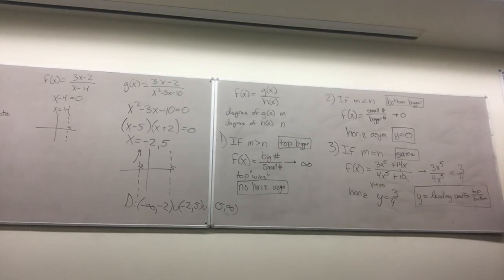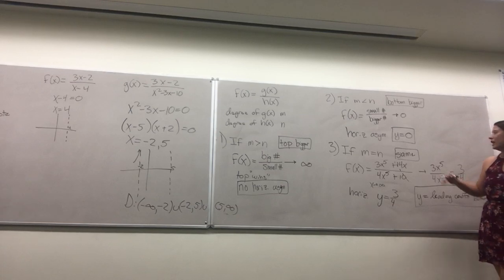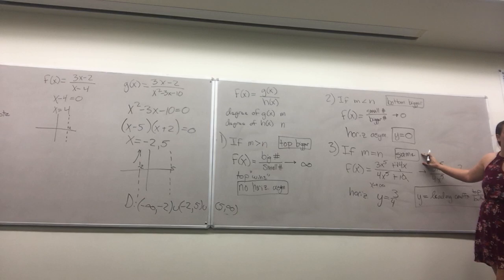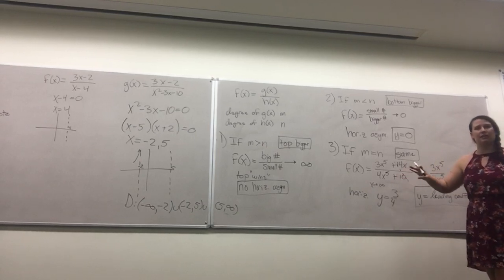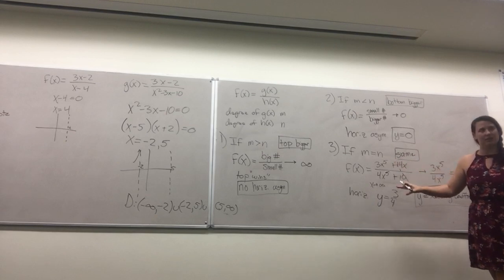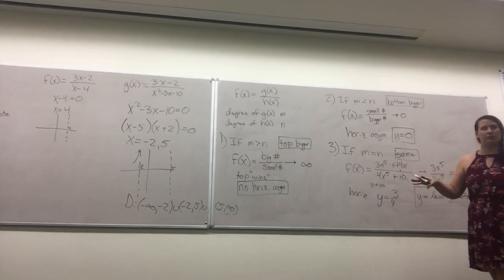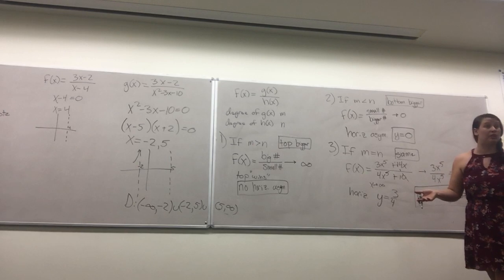Question now. Did I kind of answer it? Or did you forget? So, 5 to the 5th power is a big number. So, what power makes it not so big that you don't cross out? None. If it's the same, you can just cross out. We can always do this, right? It's the fact that the degree of the top is the same as the degree of the bottom. That's what's important. It could be linear on both top and bottom.